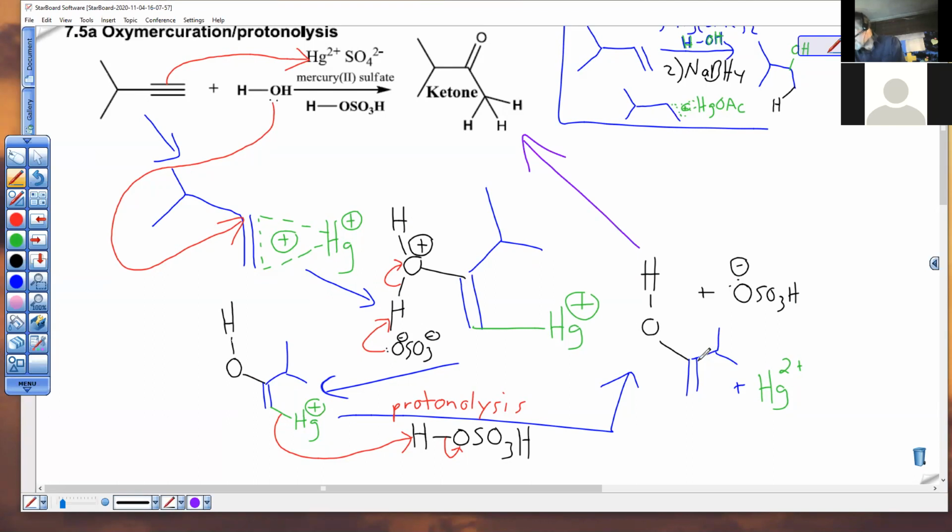Isopropyl is attached to a carbon with a single bond to O. Isopropyl is attached to a carbon with two bonds to O. So we're gaining a bond to O. The old pi bond is now a new pi bond there. See? So a pi bond moved. What else moved? Well, this H is no longer up on the O, but there's a third H down here. We have two H's down there.